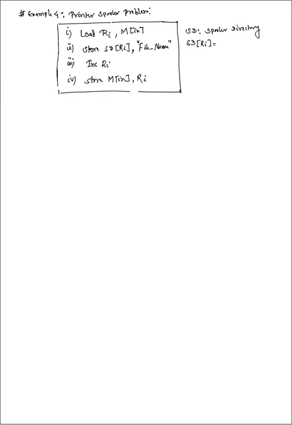SDRI is the spooler directory ith location, and file name is nothing. So SD basically contains a set of documents which will be printed by the printer.